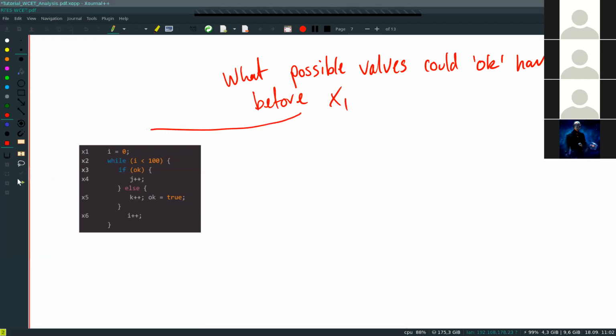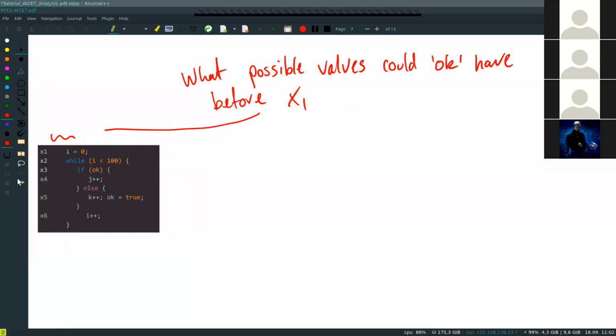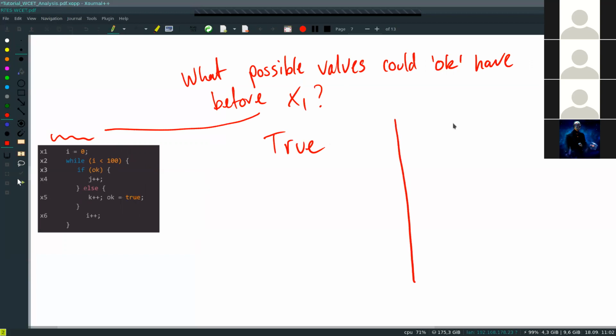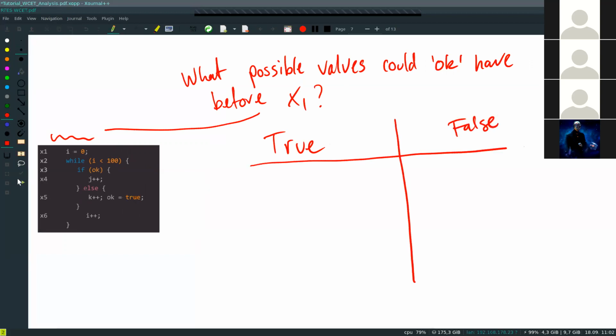So like here. True or false, exactly. So we can essentially say true or false. These are our two possibilities.